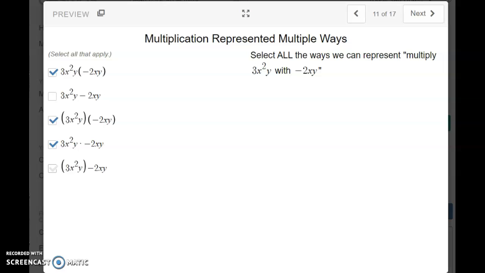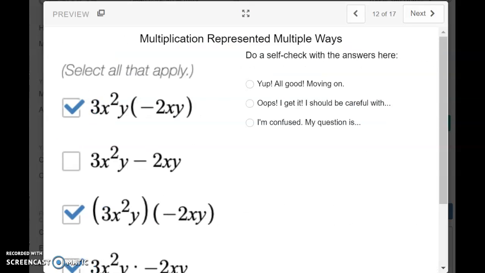If there is a number or some variable in front of the parenthesis, the whole thing is being multiplied to whatever is inside the parenthesis. But if it is not in front, this does not mean that. So it would just be these three.